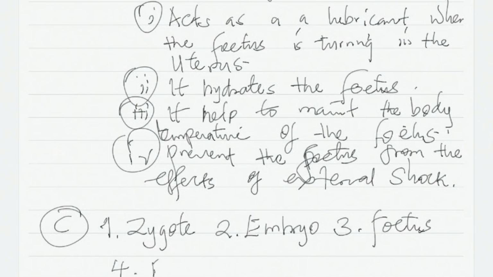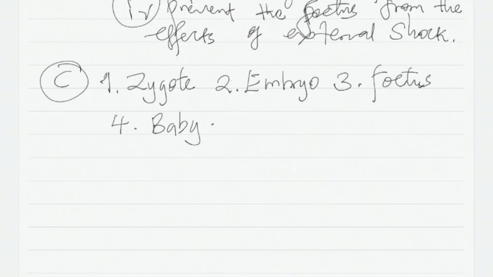Like I said in the beginning, when the ovum is fertilized, it will form a zygote. After 2 to 6 weeks, the zygote will change into the embryo, and then it will develop into the fetus until it becomes a baby. So those are the 4 stages which are important.